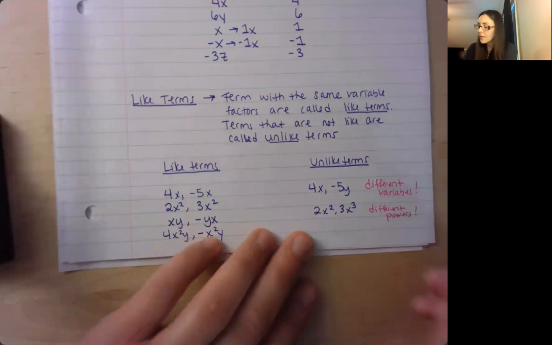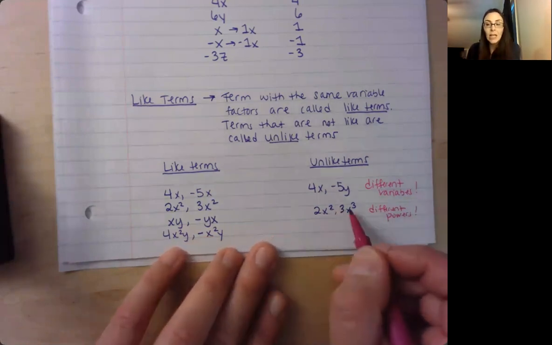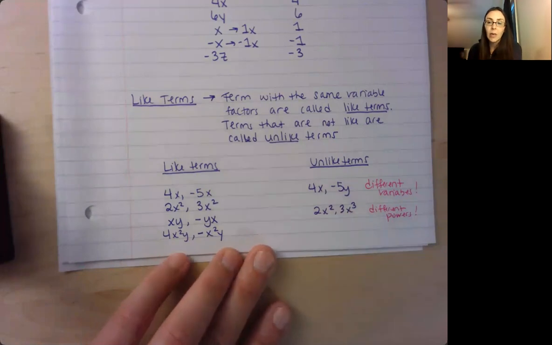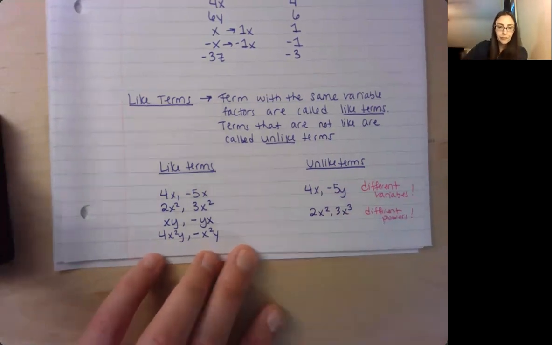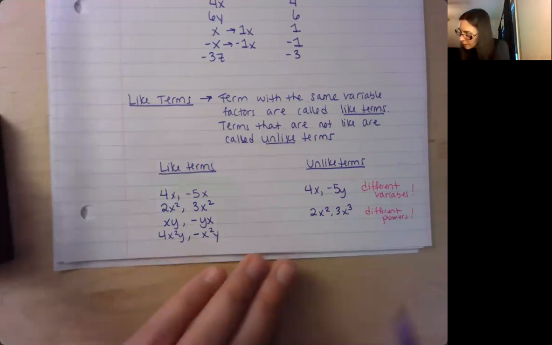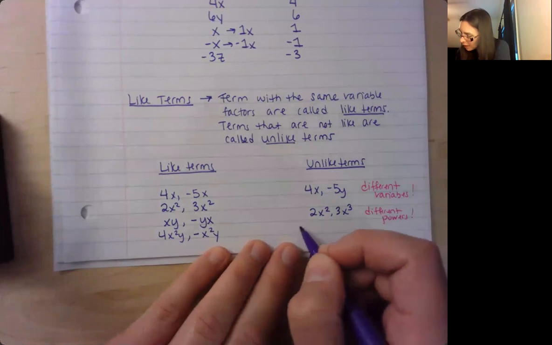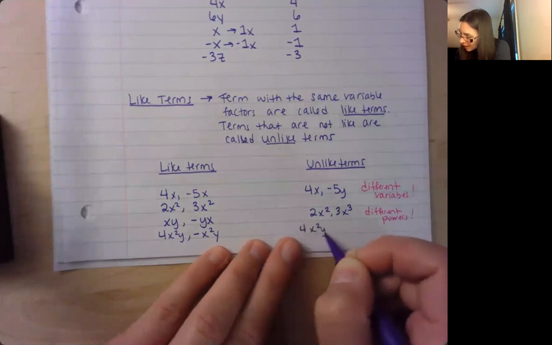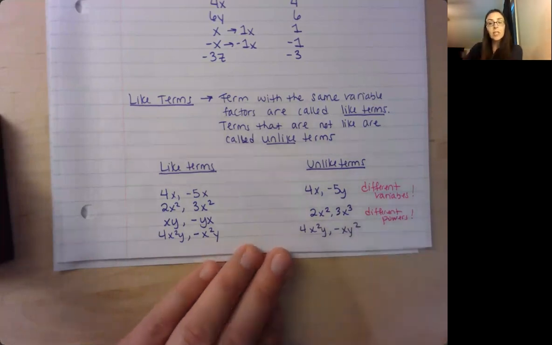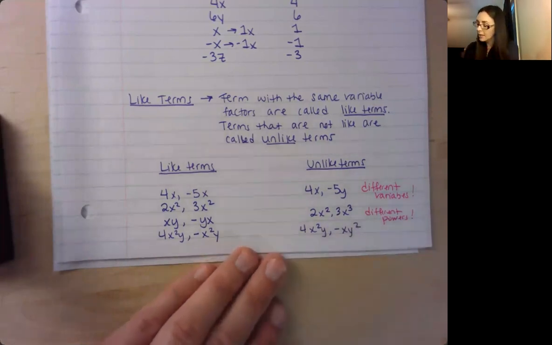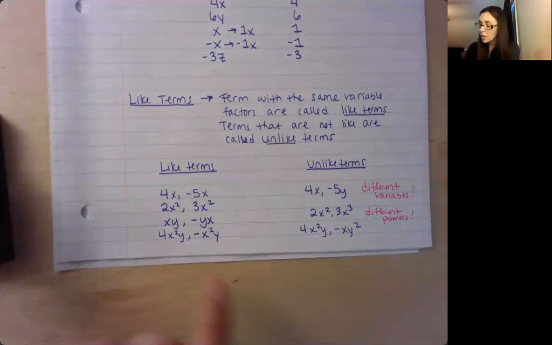Okay. Now I know they have the same variable, but this one has 2 x's and this one has 3 x's. So those are different things. We can't count that as being exactly the same. They have different powers. Another example like this could be 4x squared y and negative xy squared. Now this one is probably the trickiest one because it looks very similar to what I gave you here, but notice that there is a change.